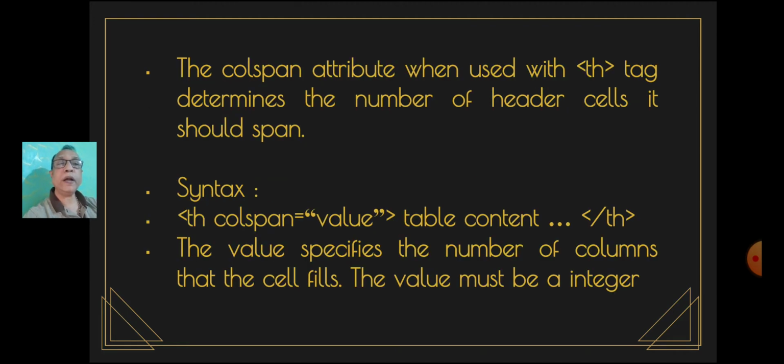The ColSpan attribute, when used with TH tag, determines the number of header cells it should span. The syntax for this is TH space ColSpan is equal to value. The value specifies the number of columns that the cell fills. The value must be an integer.